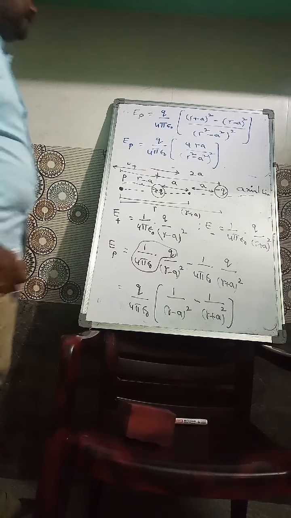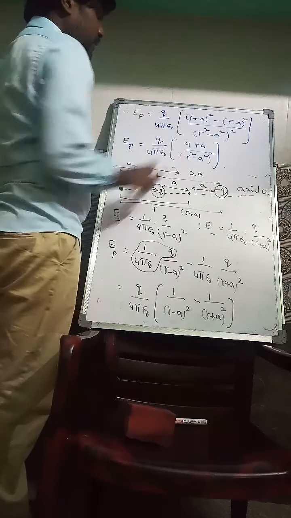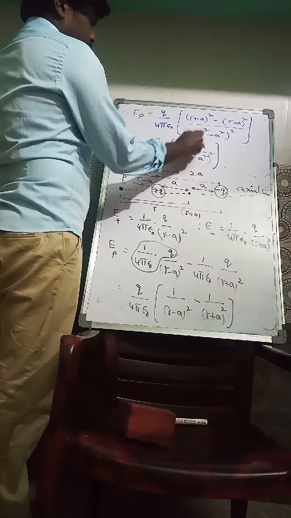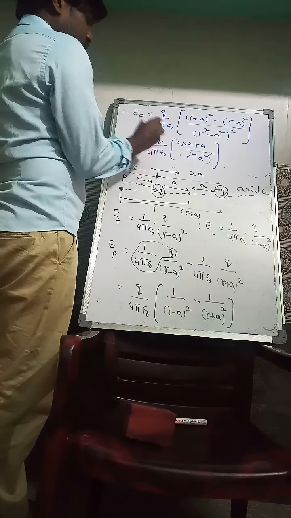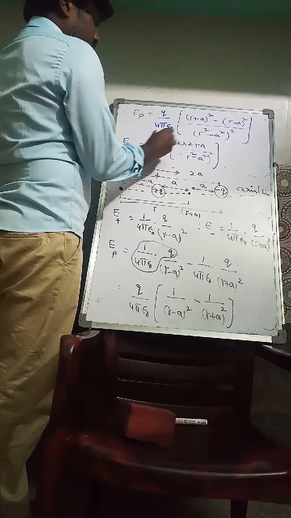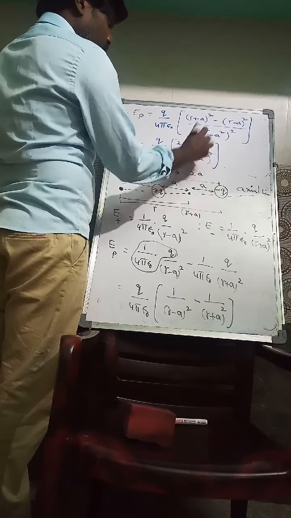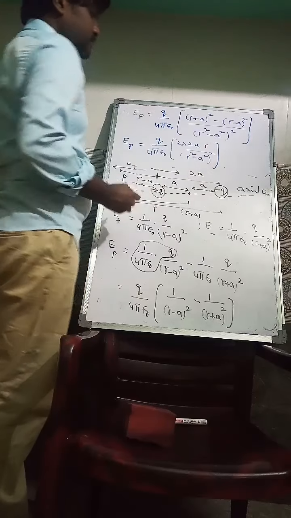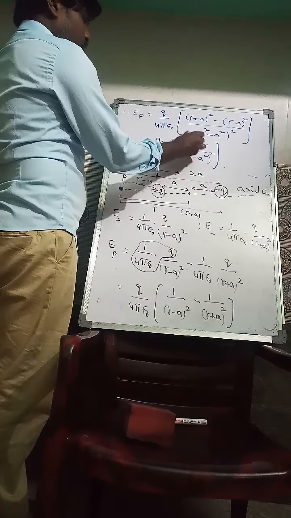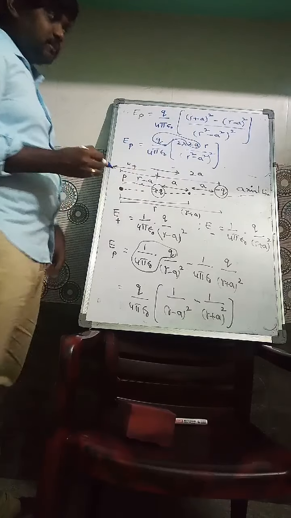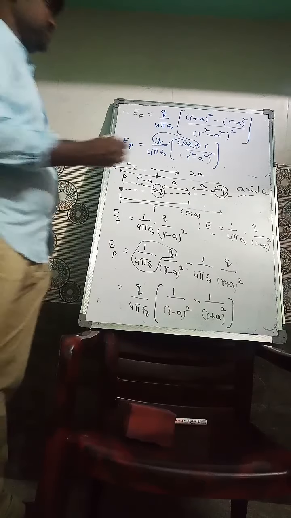And here this 4 can be written as 2 into 2, because I am separating it: it is 2A, so I am writing 2RA like this. This 2A into Q is nothing but, as I told you previously, the dipole moment.